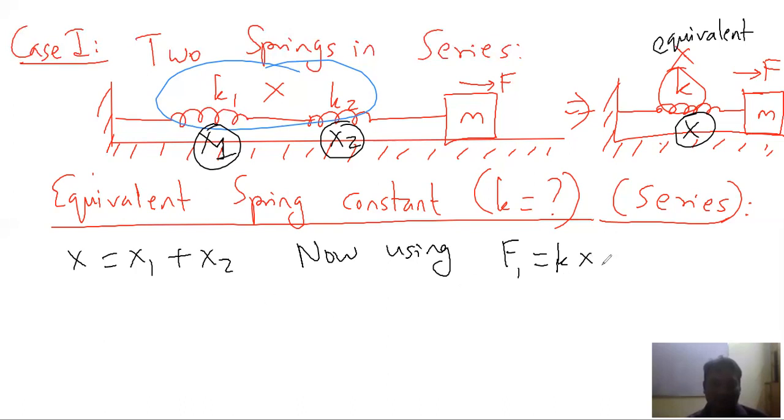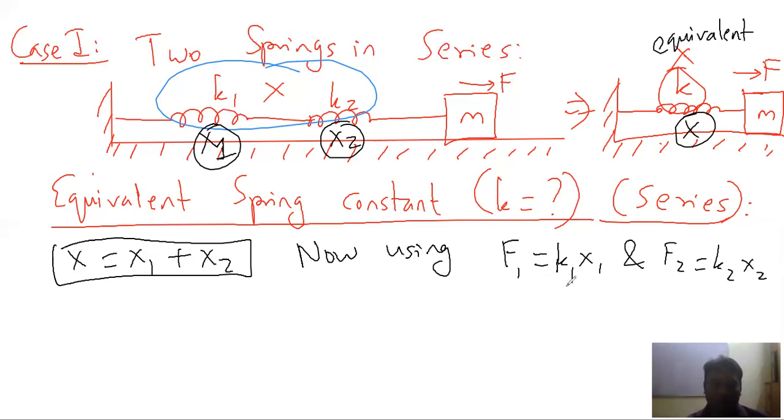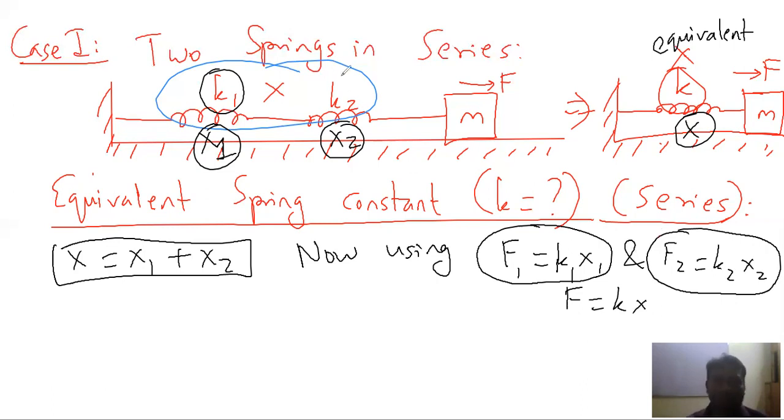F1 is K1 x1, F2 is K2 x2, and x is x1 plus x2. And F is Kx. These are the three equations. F1 is K1 x1, the equation for the first spring. F2 is K2 x2, the expression for the second spring. F is Kx, the expression for the equivalent spring.